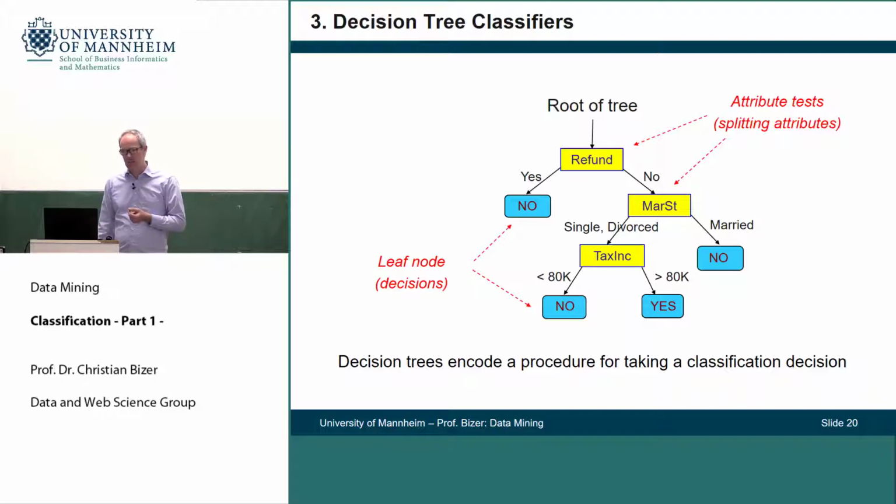If the refund attribute has a value yes, we directly classify the instance into the category no. If the refund attribute has a value no, we look at a different attribute, the marital status. So there are attribute tests that define how we should branch in the tree, and there are leaf nodes which are our classification decision.